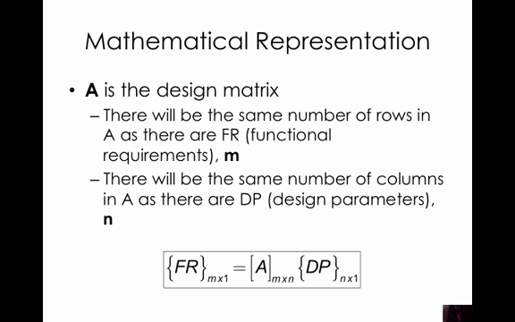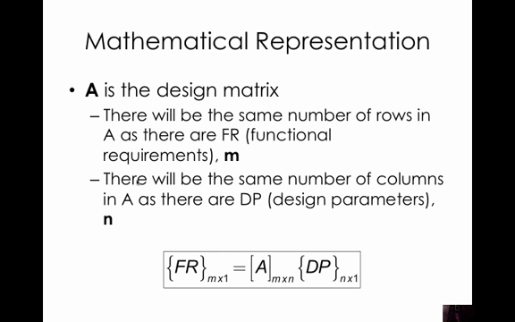And the next thing we're going to do is decide how we're going to embed those functional requirements in an actual physical way through our design parameters. So M will be the functional requirements, and N will be the number of design parameters required. So our design matrix will be M rows and N columns.